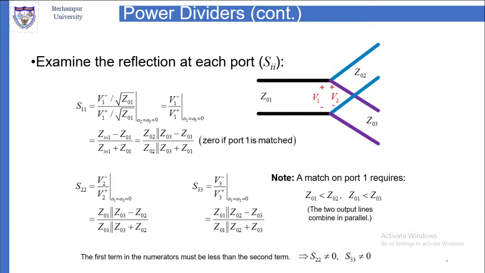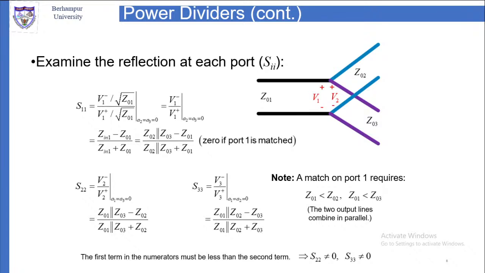This is from the definition of S parameter. Now root over of Z01 is common in the numerator and denominator, so that will cancel out. So that leaves us S11 is equal to V1 minus by V1 plus.